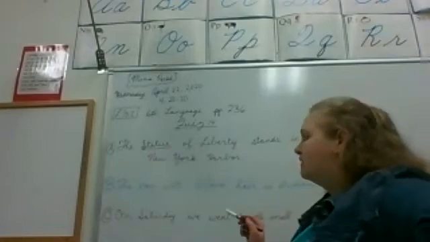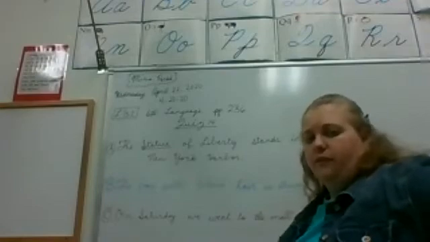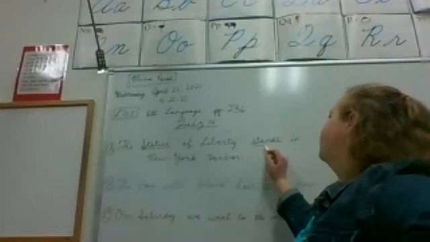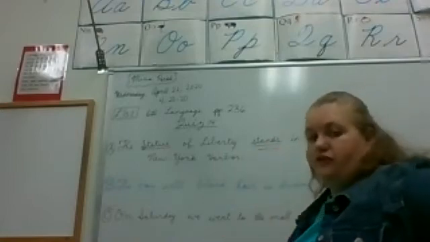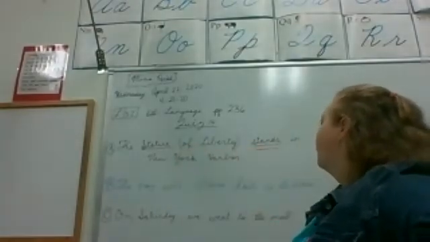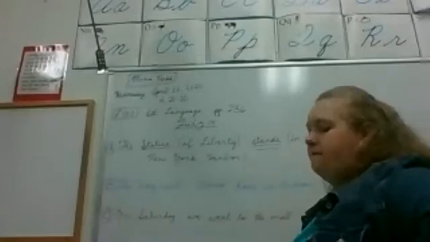And then statue does what, or is there a linking verb or a helping verb? Stands, okay, very good. Now we've got a couple prepositional phrases, right? Of Liberty. What's the other one? In New York Harbor, okay?